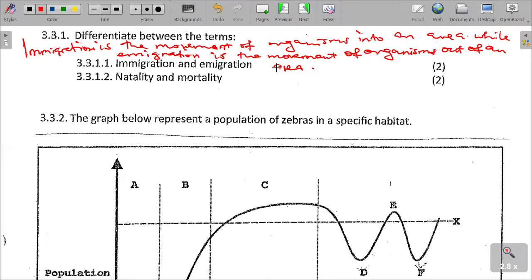And then the next question is natality and mortality.